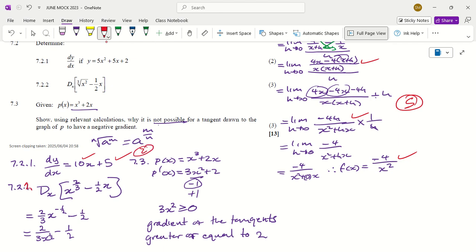And then 7.3 now, you get a mark for finding the derivative, and then also a mark for stating that every gradient is greater or equal to 2. That is 2 marks for the reason. So in total it's 3.